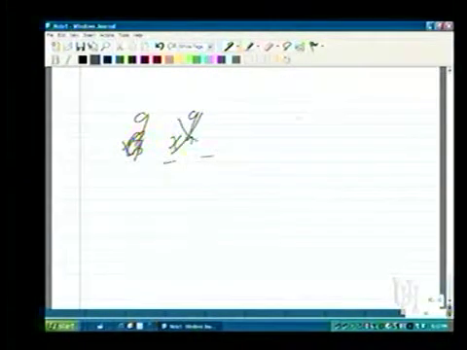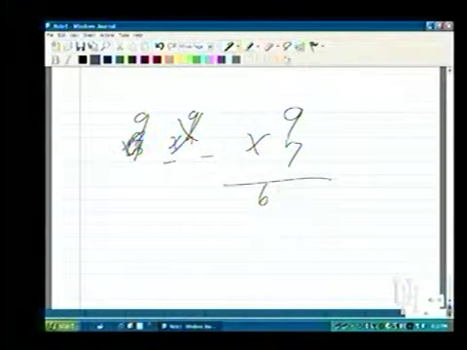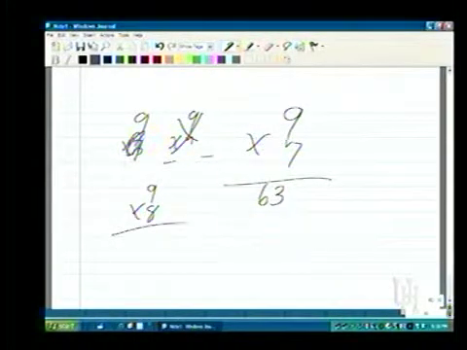Let's try again. 9 times 7. You cover the 9. What's 1 less than 7? 6. 6 and how much makes 9? That way they look like they're right. 9 times 8. What's 1 less than 8? 7, and 7 and how much makes 9?